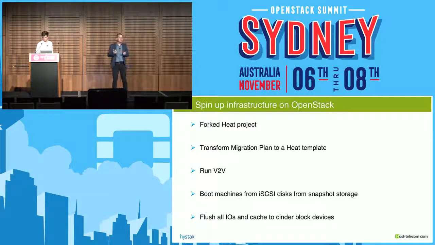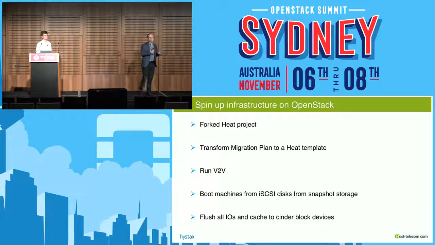So what we do here is we create empty Cinder volumes, and all the data generated by test migration or final migration is written directly to these Cinder volumes. Also in the background, we migrate data from object storage, our snapshots, to these regular Cinder block devices.